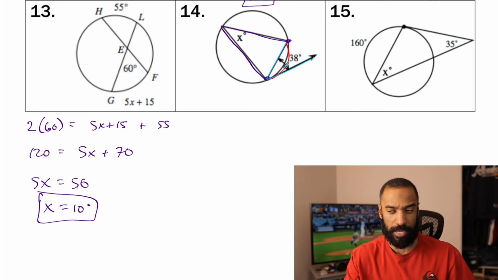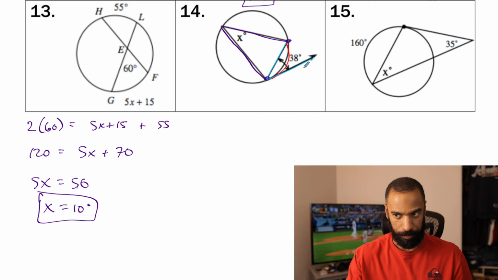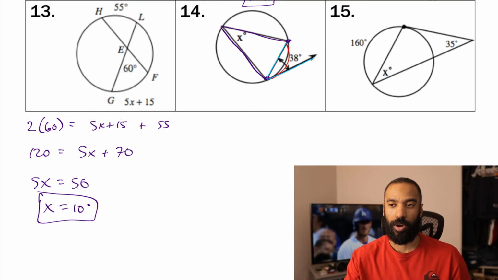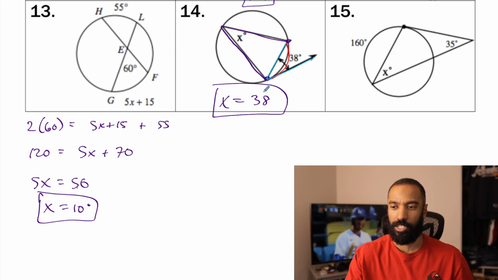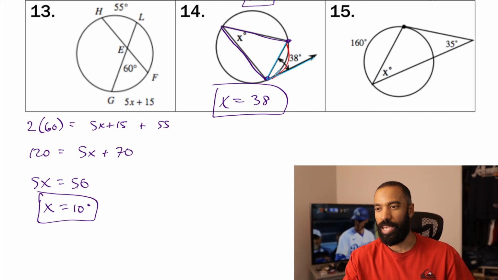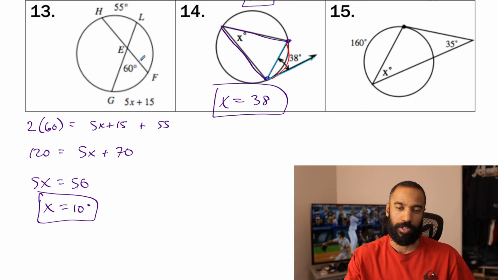That means they share the same exact intercepted arc. If 38 is the inscribed angle of what's in blue, x is 38, because all inscribed angles of the same intercepted arc are congruent to each other. x equals 38. And I don't need the degree symbol because it shows the little degree symbol right there. You could say, let's double 38 to get 76, and then half of 76 is 38. You're back to where you were.